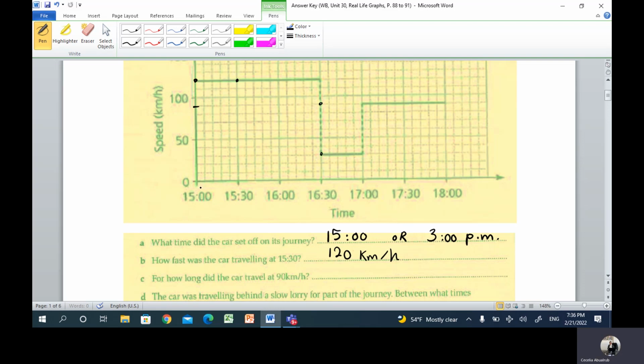It started at 15, and to 16 it's 1 hour, to 16:30 it's 1 hour and 30 minutes.